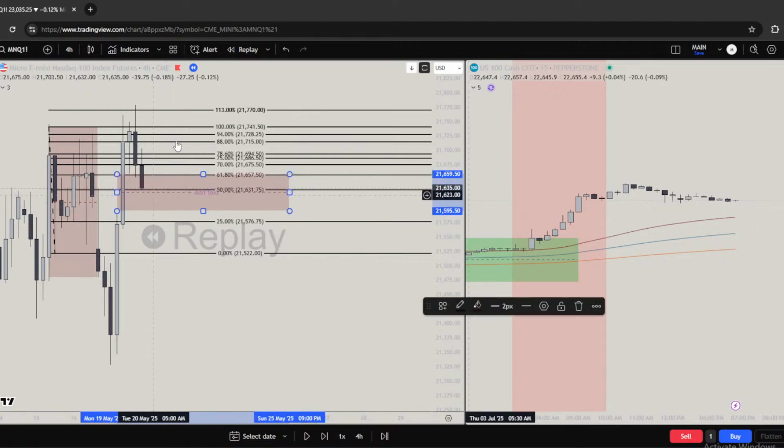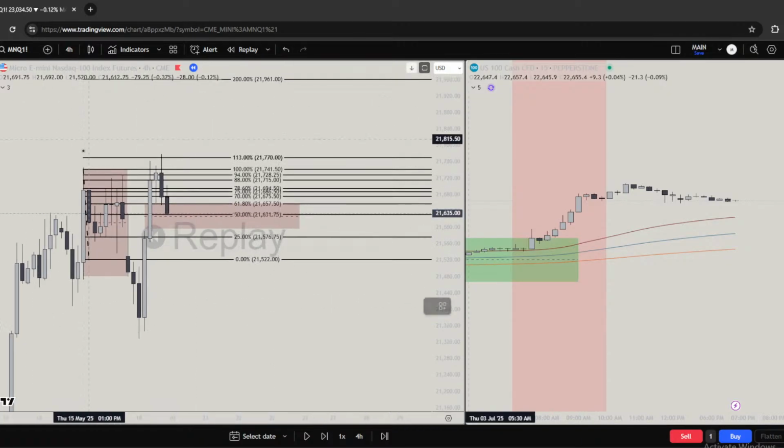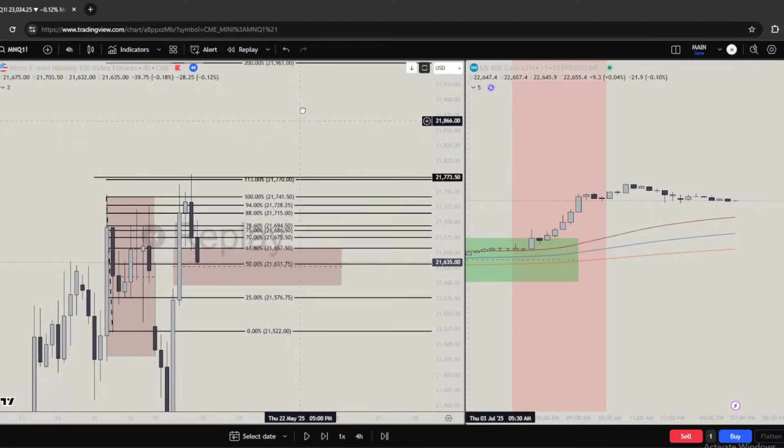I want price to displace higher above here. TP1. No, that won't be my TP. I'm sorry.